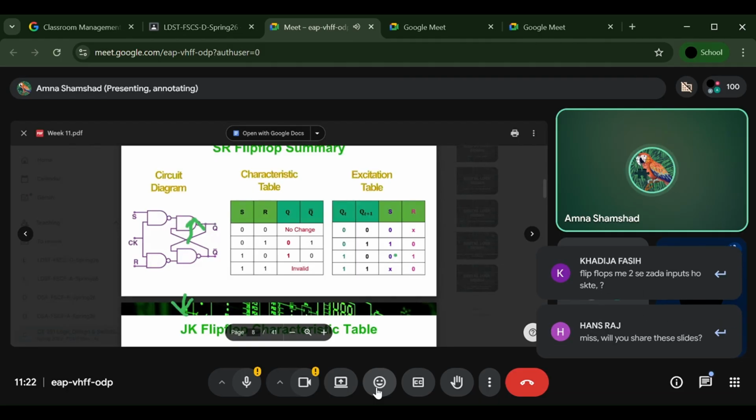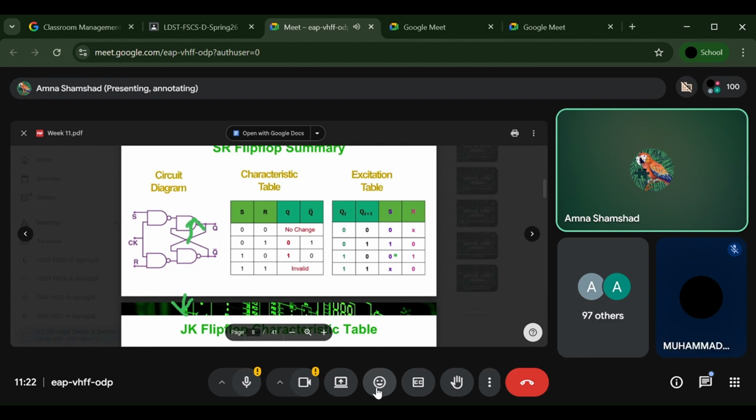In flip-flops, the third input is basically the feedback input. Otherwise, the main inputs are J and K, S and R, or D or T.